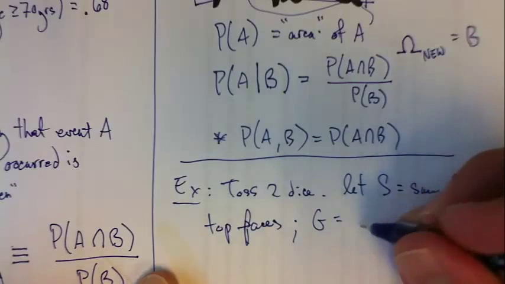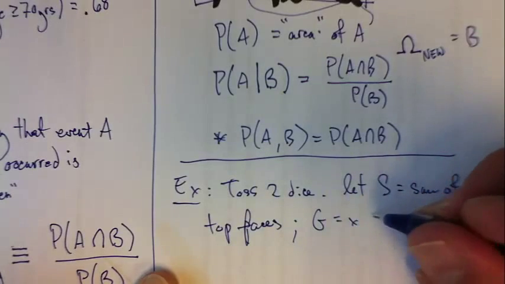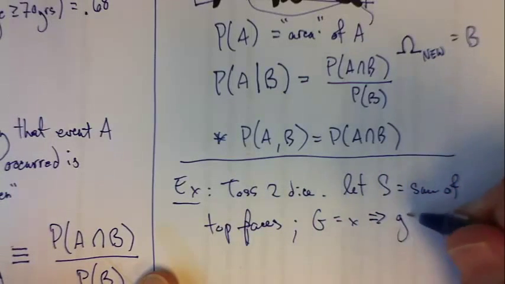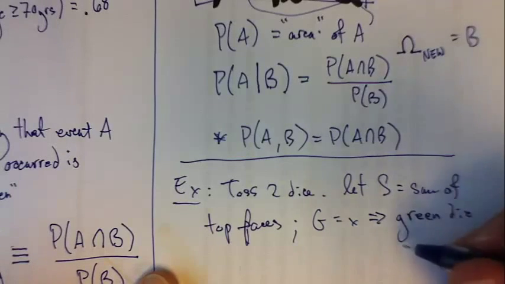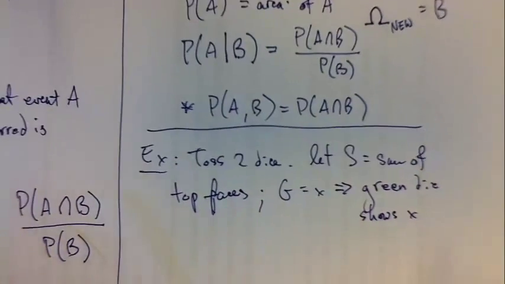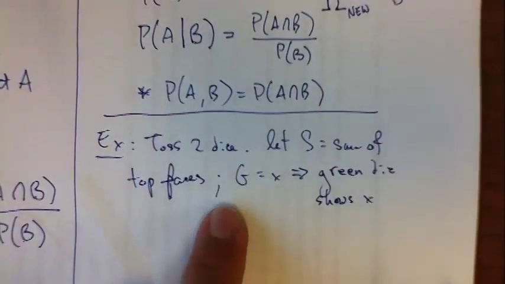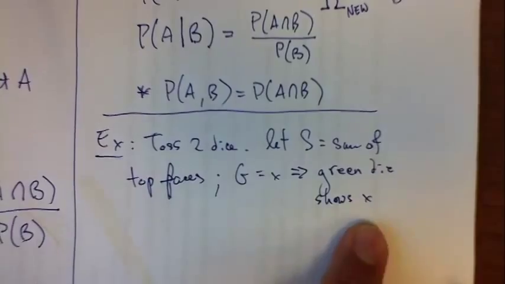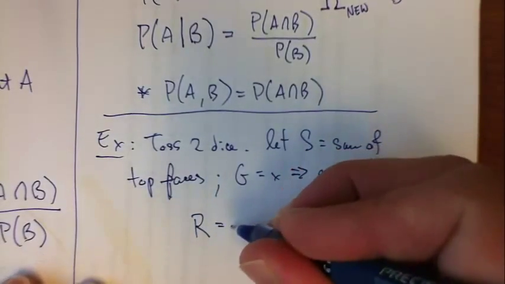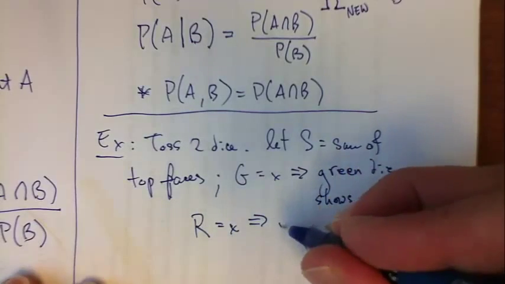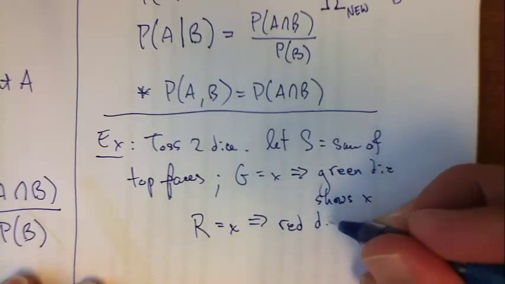And G equals X is the event that the green die shows an X. Okay, so if G equals 2, then the green die showed a 2, right? We'll use, guess what, R equals X to imply that the red die showed X.